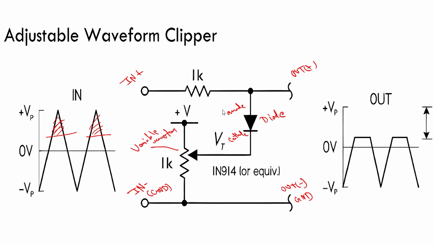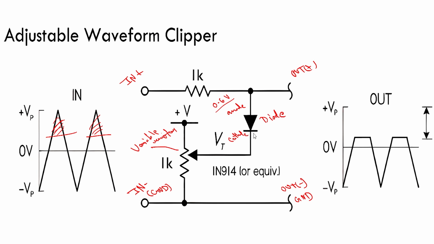When someone applies a voltage, every diode has a threshold voltage. For this one the threshold voltage is 0.6 volt. There are many diodes which have different threshold voltages, but this diode has a threshold voltage of 0.6 volt.